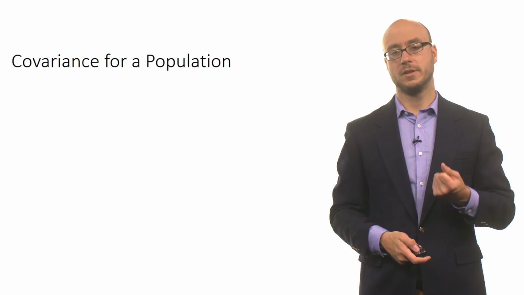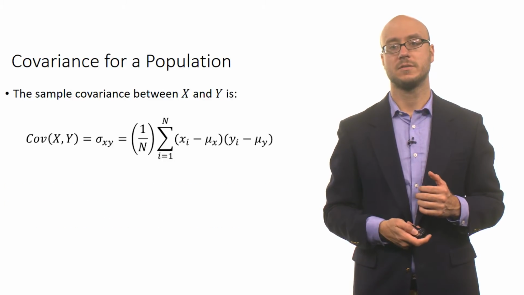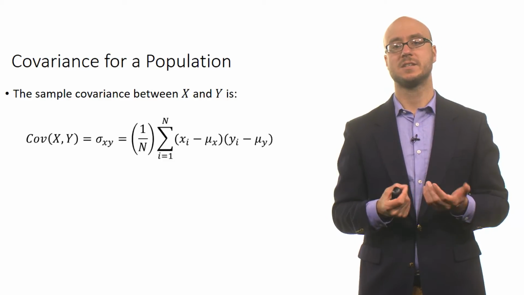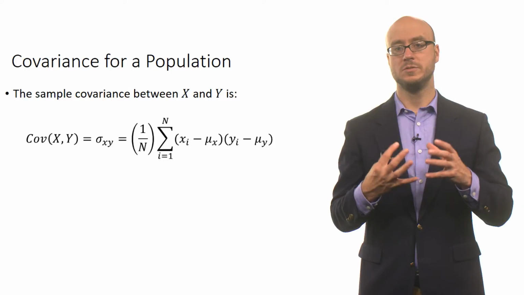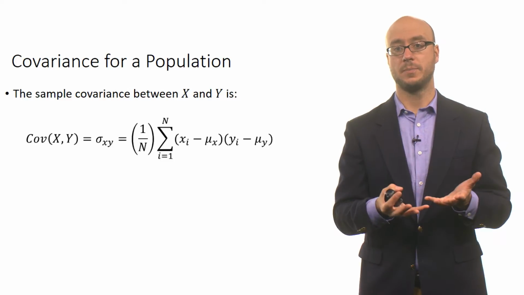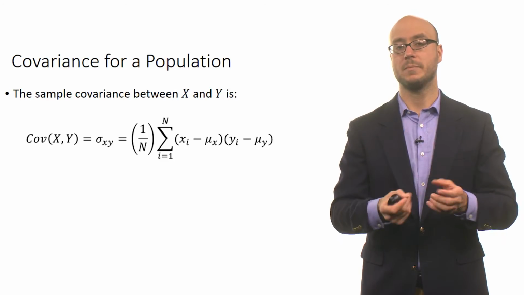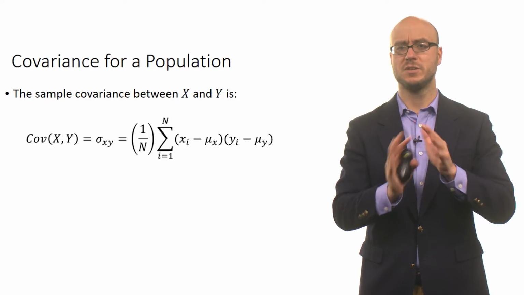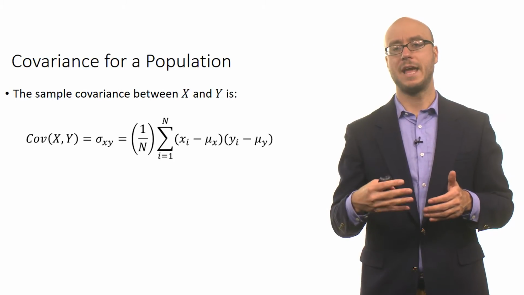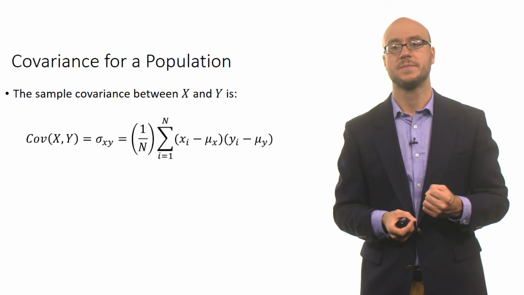The covariance for a population has a very similar setup, just a slightly different notation. Instead of S subscript xy, we use lowercase Greek sigma, because for population values, population parameters, we like to use Greek symbols just to make clear whether we're dealing with a population or sample. And we use capital N to refer to the overall population size.